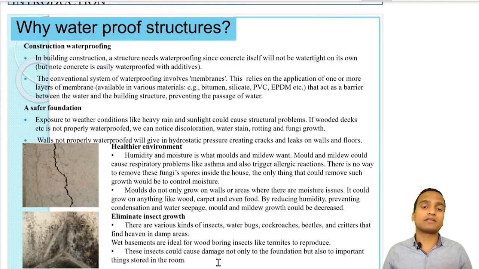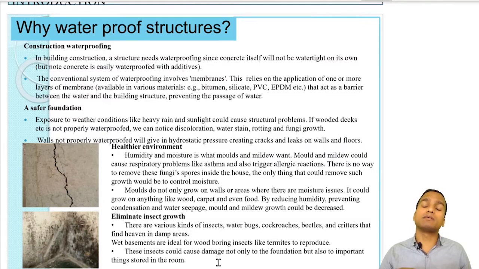Okay, and there are different traditional and conventional methods of waterproofing, which mainly involve the application of membranes. These membranes are 2D films or layers used on the surface, and this method relies on the application of one or more layers of membrane, because one membrane may not work, so we provide different layers of membrane.